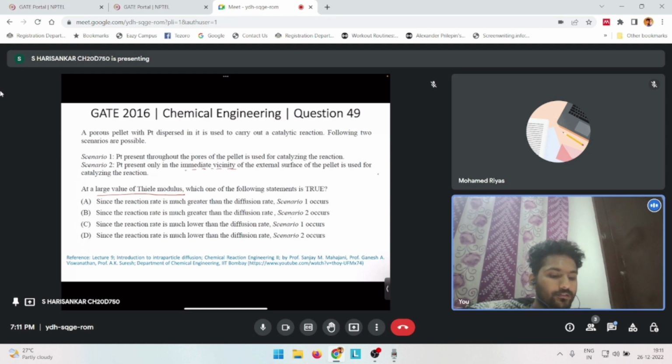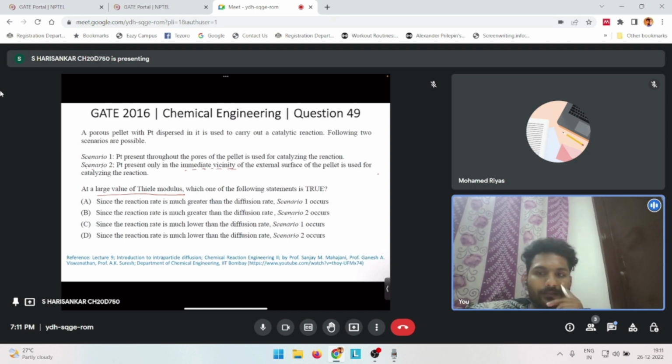So the platinum is present only in the immediate vicinity of the external surface of the pellet used for catalyzing the reaction. So scenario 2 will happen here because of the large value of the Thiele modulus. And because the Thiele modulus is very large, your internal diffusion is rate limiting, so your reaction rate is much greater than the internal diffusion rate.